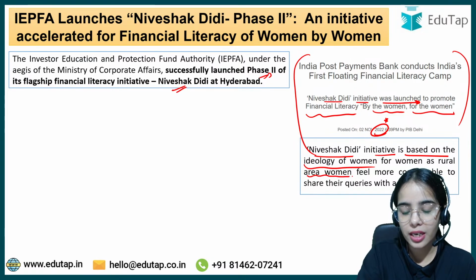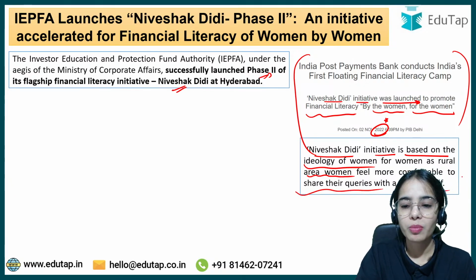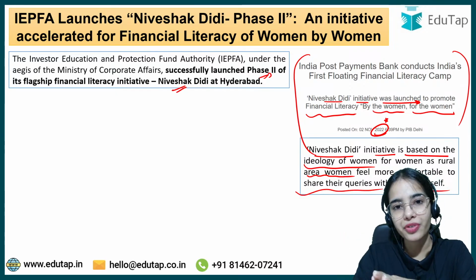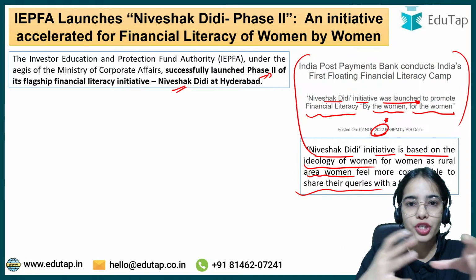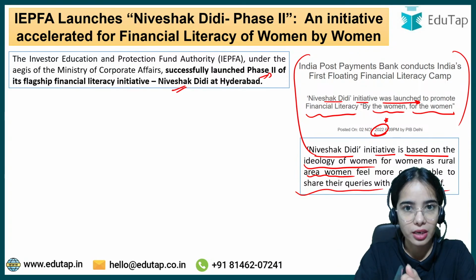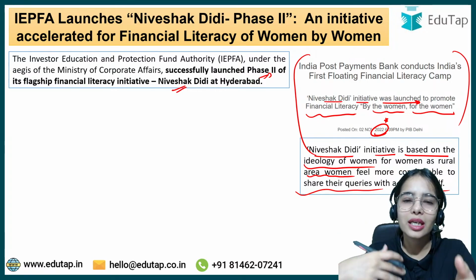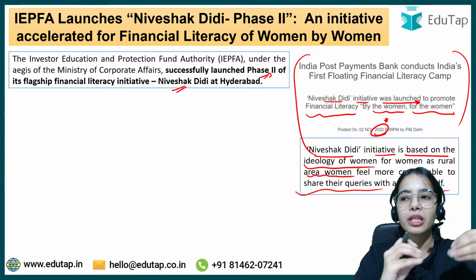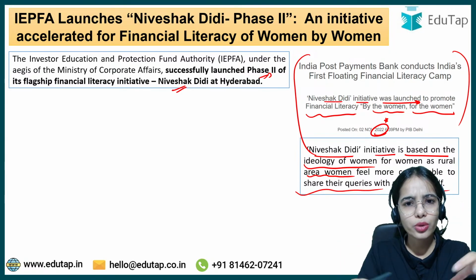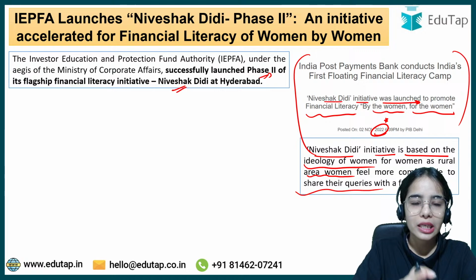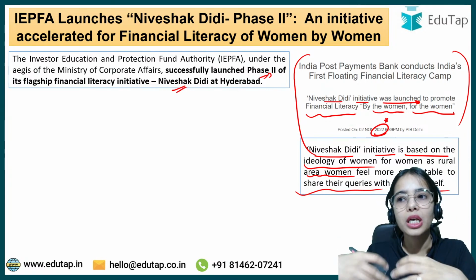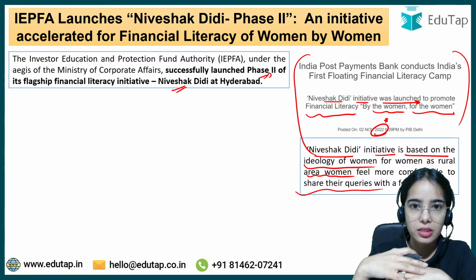Rural women feel comfortable sharing their queries with a female. So basically, in the rural areas, if financial literacy has to be spread, women have to be trained so that they can spread the information and knowledge to the other women. You can understand that rural women are usually working in their houses and in their fields, and they are not comfortable talking to outsiders or outside men.